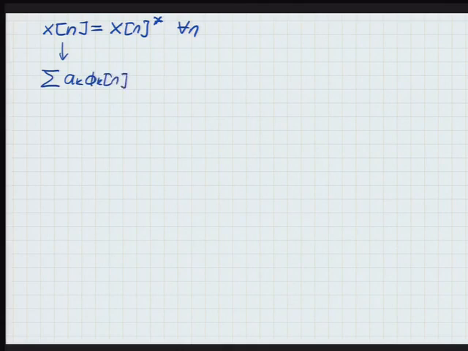If we have a real valued signal, x of n equals x star of n for all n, that means the Fourier series of this, the sum of a_k phi_k of n, must match the Fourier series of that, which is the same thing but with a_k star and phi_k star.